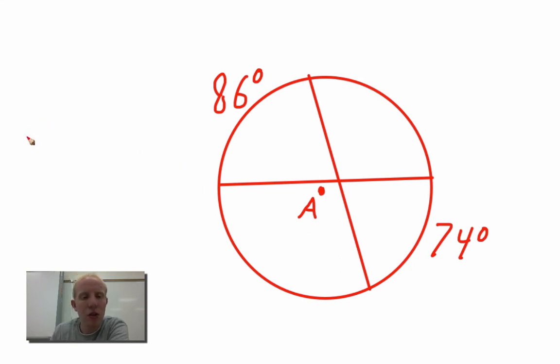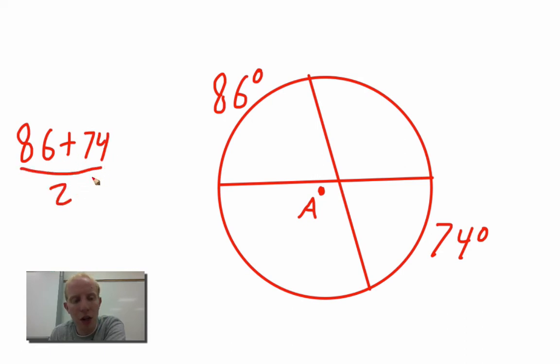So we get 86 plus 74 over 2. If you add that up, you get 160 over 2, which is going to give you 80 degrees. Which means that this angle right here is 80 degrees, and also this angle right here is 80 degrees.